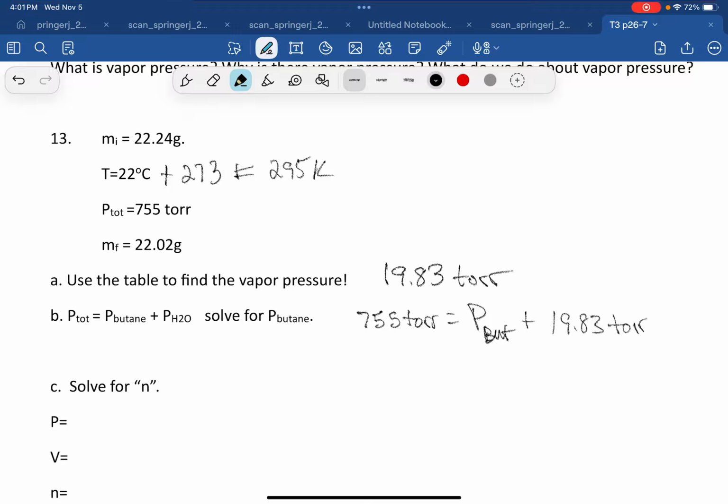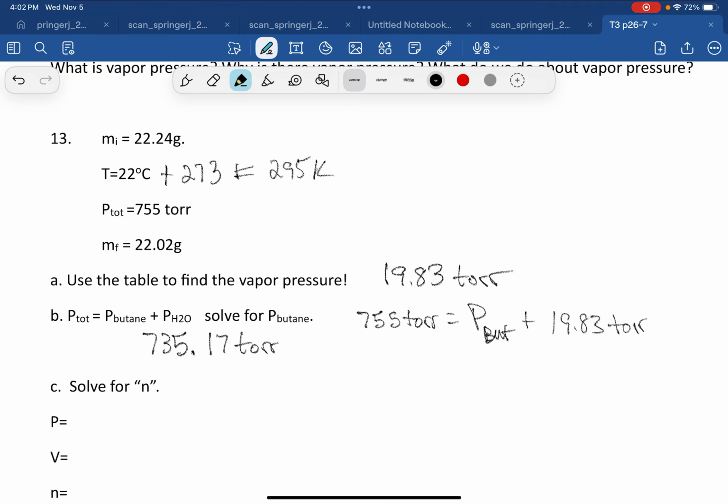And we'll subtract those two numbers, and we get 735.17 torr. That is the pressure of the butane.